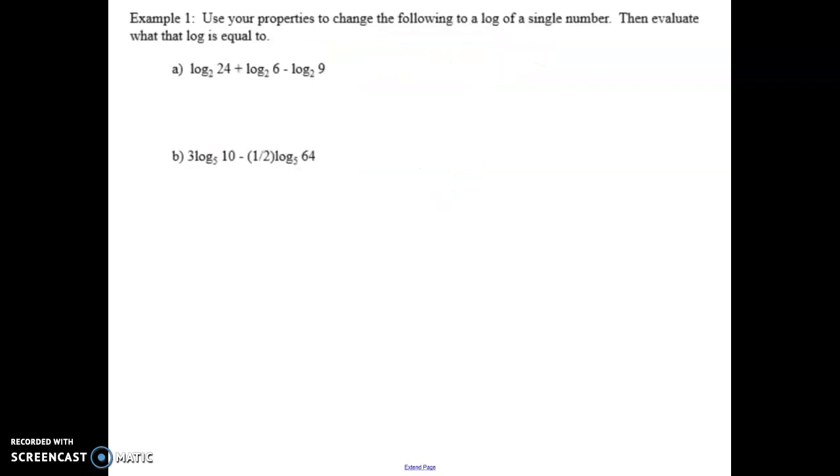So in our next example, we're using our properties to change the following log to a single number, and then we're going to evaluate after. So let's start with the first part of this one. I see that I'm adding. How do I condense 2 things that are adding? We multiply, right.